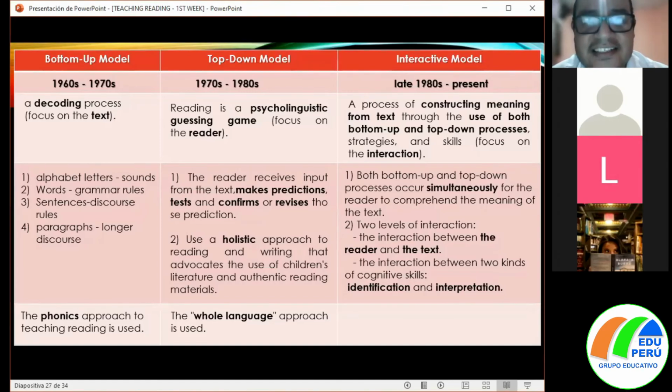It means you're going to do activities of speaking, reading, writing, listening. That's why it's called the whole language approach, because you're going to use all the skills in a reading lesson.